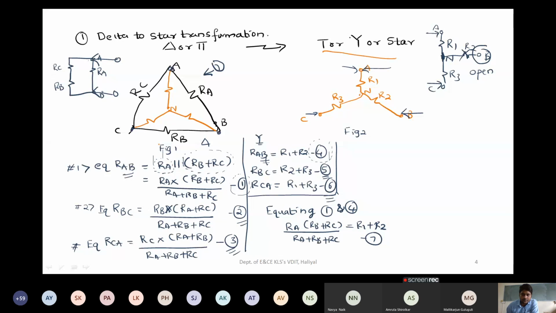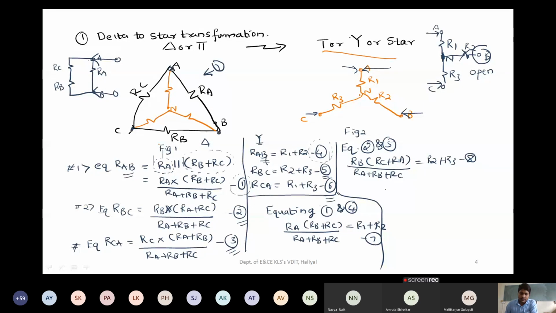Similarly, if you equate equation 2 and 5, what I will get is a very similar kind of thing: RB multiplied by (RC plus RA) whole divided by (RA plus RB plus RC), which is equal to R2 plus R3. Let me call it equation 8.